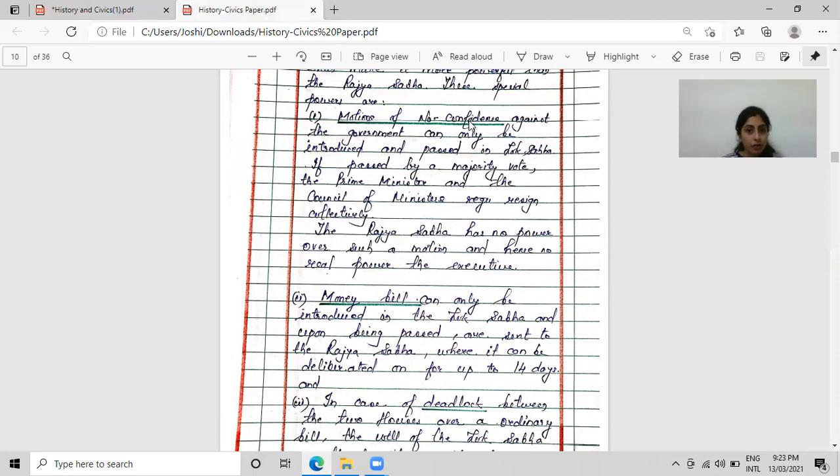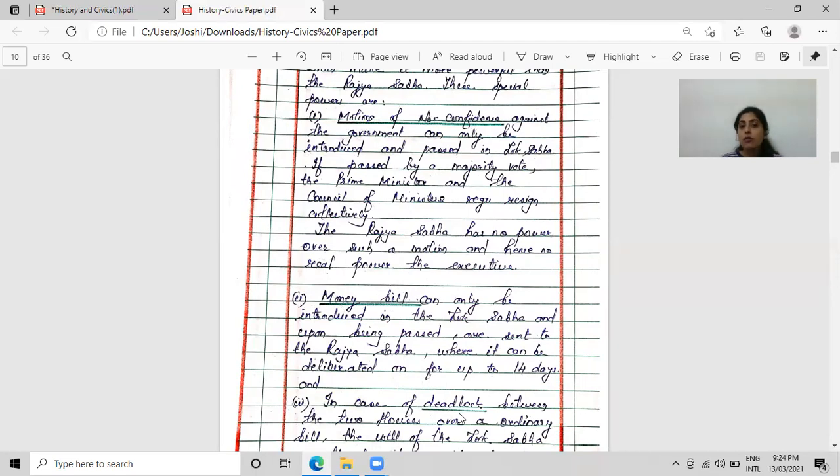That is motions of no confidence, money bill, and deadlock. So this gives me an idea, as a teacher, that the student has already mentioned the 3 exclusive powers of Lok Sabha. Now let's go in detail and read it. So that is how I'm going to check the paper.